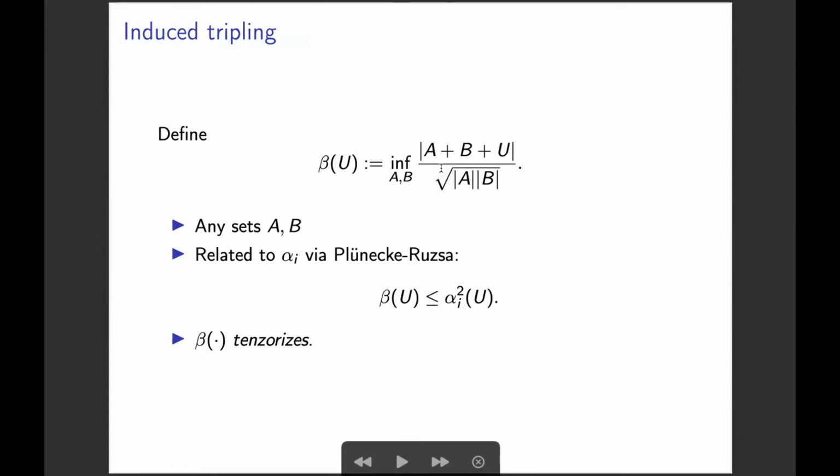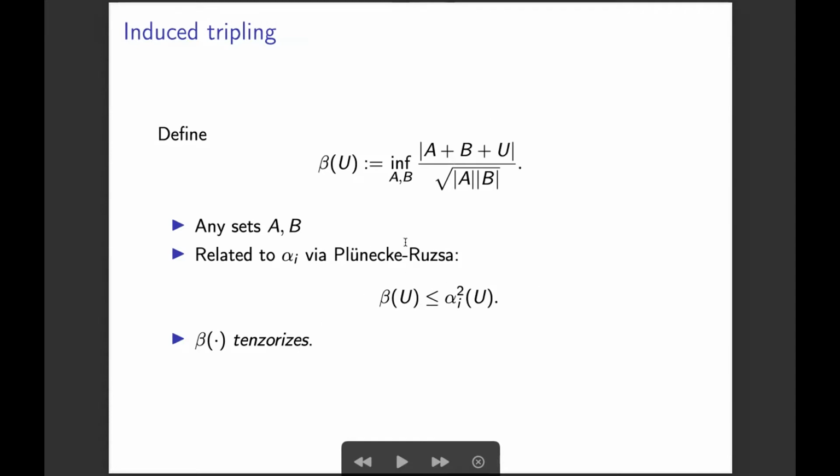So you take the infimum over all sets A and B and look at the triple sum scaled with the square root of the product of the sizes. This is a more general construction, and one can easily bound alpha, which is the induced doubling, by Plünnecke-Ruzsa.